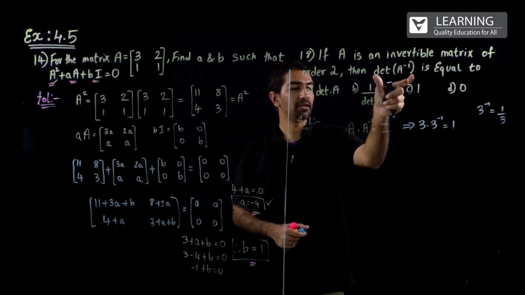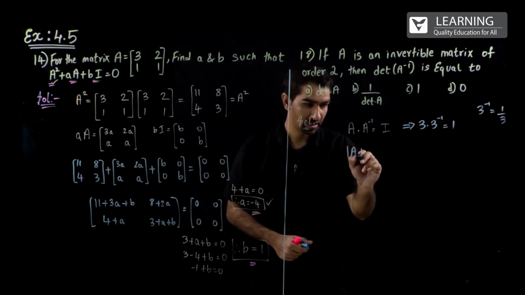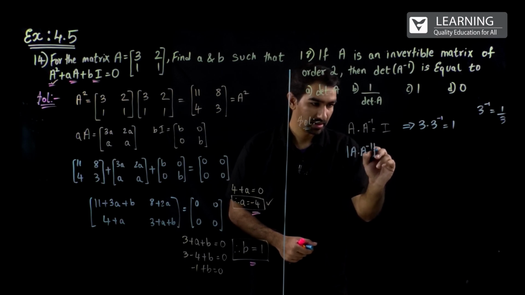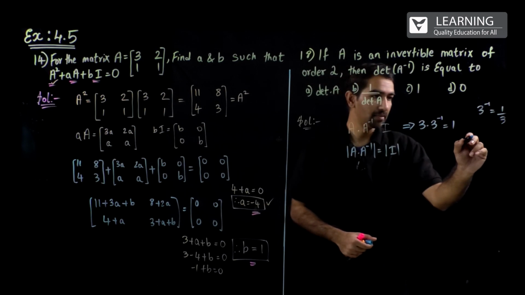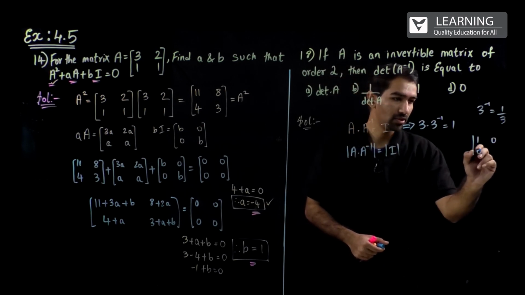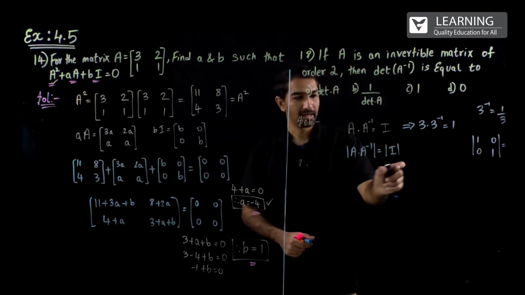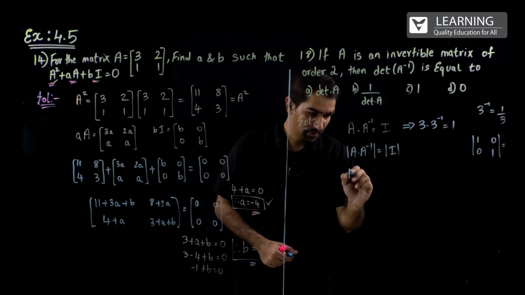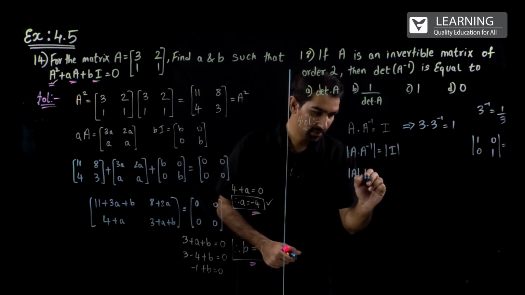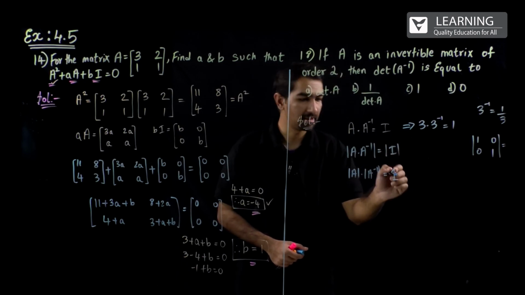Now they're asking determinant of A, right? Take determinant on both the sides. So determinant of A dot A inverse is equal to determinant of I. So what is determinant of I? Determinant of I is nothing but like this, 1, 0, 0, 1. So find out the determinant, it will be equal to 1. Now this determinant again can be written as determinant of A into determinant of A inverse is equal to determinant of I, which is nothing but 1.